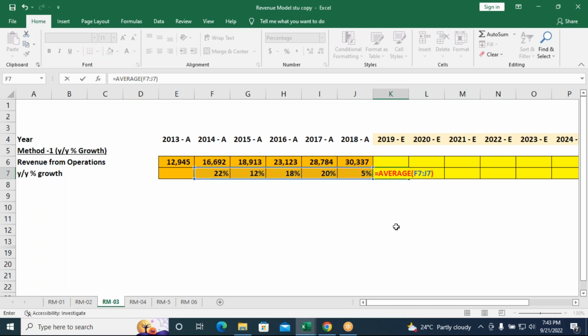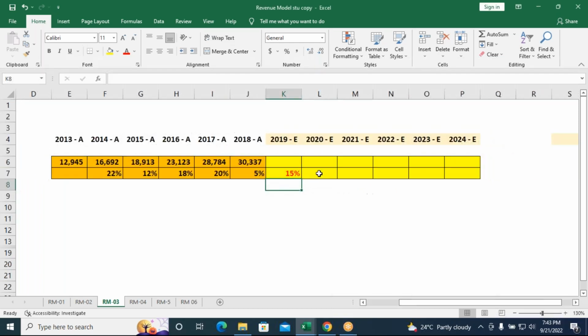I'm getting 15%. So when I don't know, I want to keep this value constant and do the calculation for the next 5 years. So what I'll do is equal to 15% and I will select and drag.